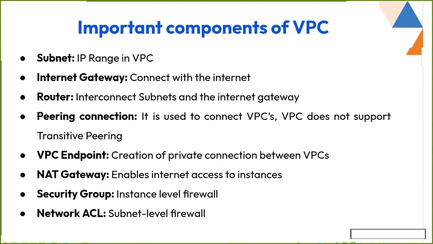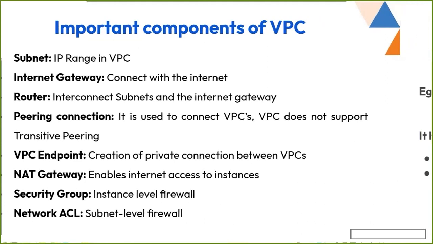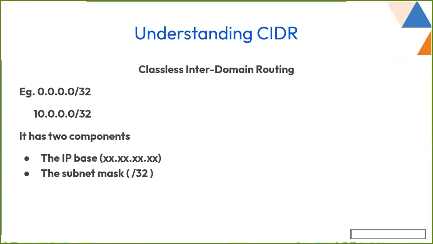So now let's understand CIDR. In one IP address there are 4 octets, and each octet has 8 bits. Combining all the bits, we have 32 bits, this slash CIDR. Using these 32 bits, we can divide the networks, and we can have many networks using these bits.